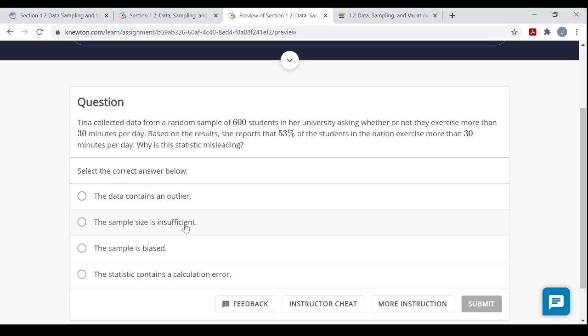You could say the sample size is insufficient, but 600 students is a lot. Usually we consider an insufficient sample size to be under 30, sometimes under 50. That's not an insufficient sample size, but the sample is definitely biased, because the chances of everybody in the nation being represented by students in her own university is very slim.